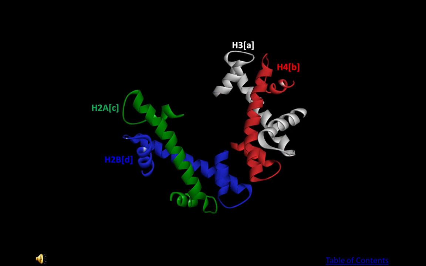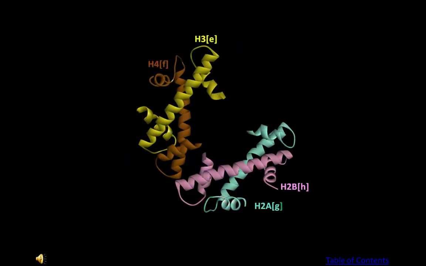This is the ABCD tetramer, that is H3A, H4B, H2AC, and H2BD. This is the EFGH tetramer. If you have a good eye for geometry, you may have already noticed the approximate twofold axis of symmetry involving this pair of tetramers.